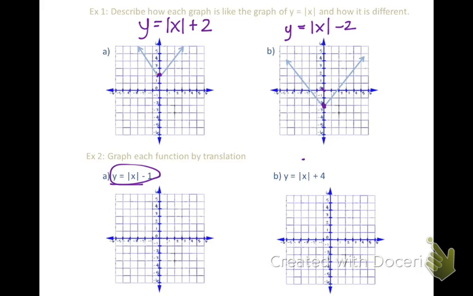So you're going to find minus 1 on your graph paper, and then you're going to make your V. And there you go.